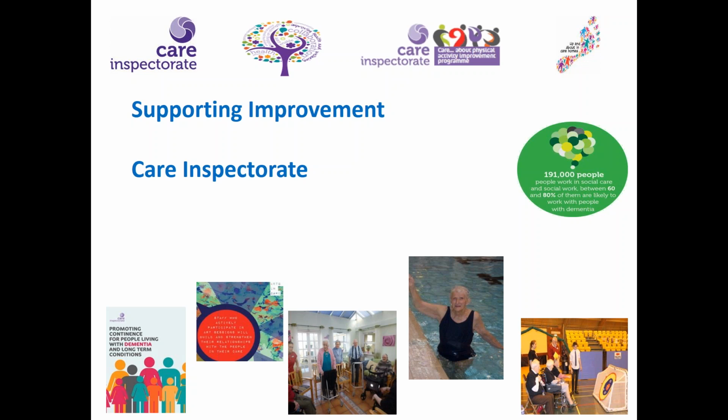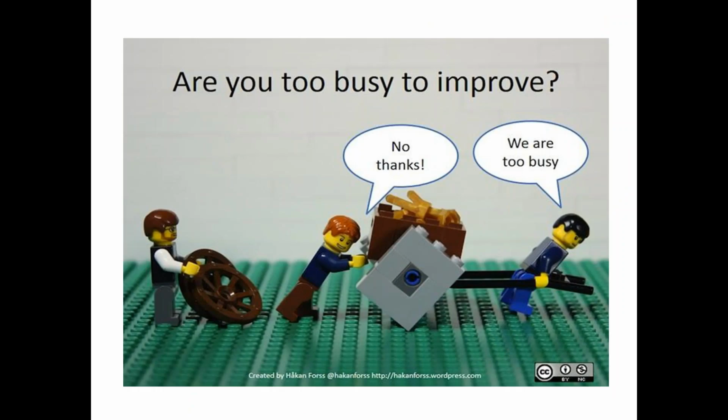So this is a slide that I like to start off with, but it frames it quite nicely. Whenever we're trying to make improvements in our services, or delivery of services, or improvement in outcomes, or even improvement in our processes, we can find that it is sometimes very difficult to get traction.